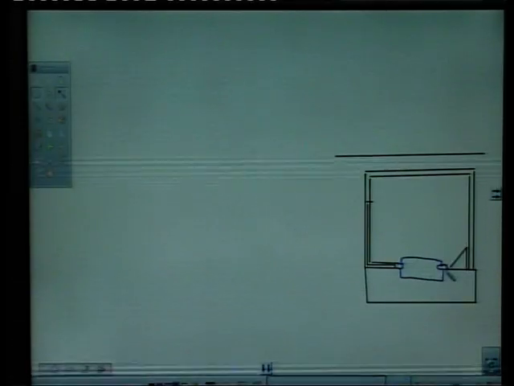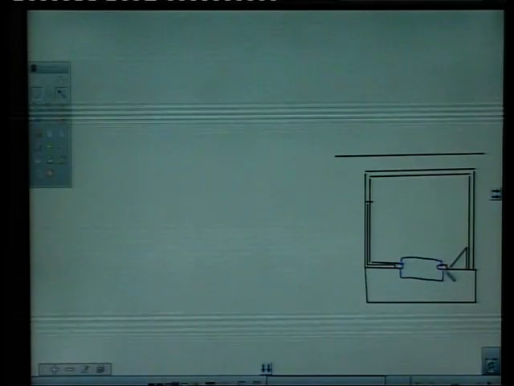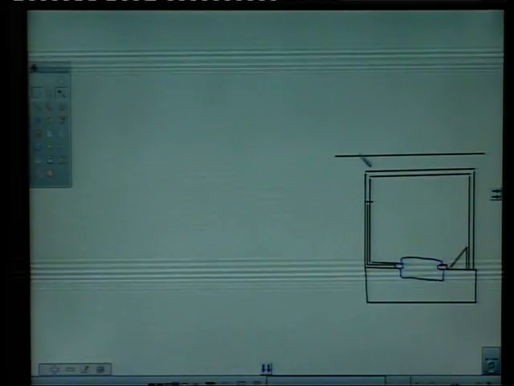Say this is a simple plan, and this is the elevation.